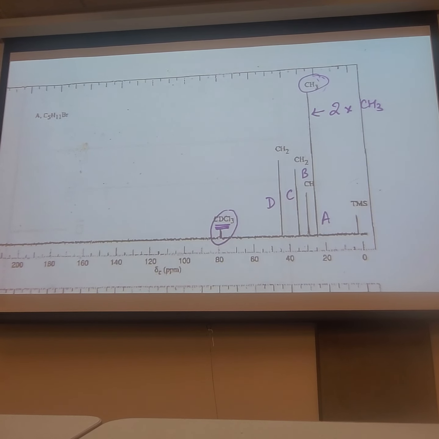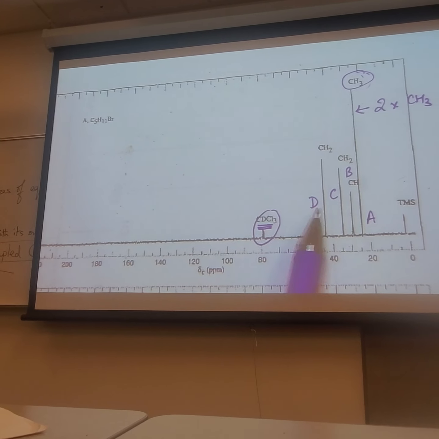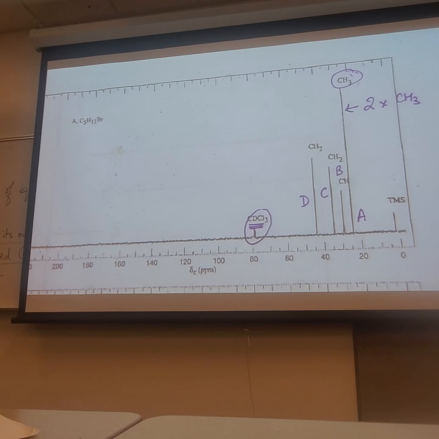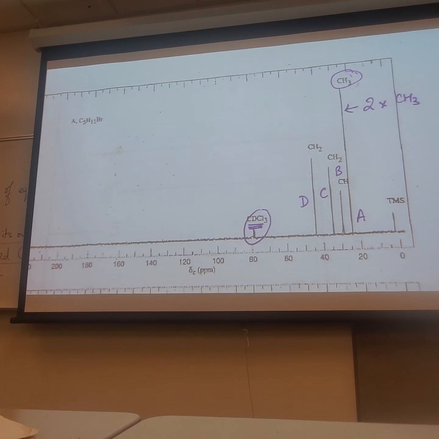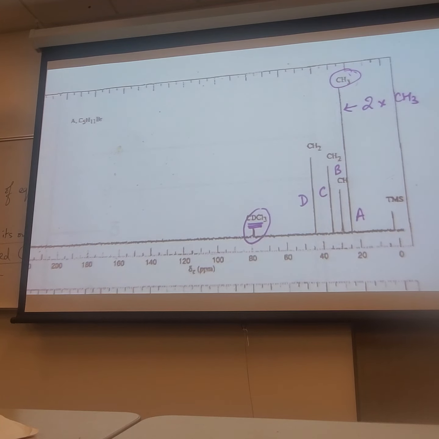Does anybody have a suggestion? What can this be? I was going to say an isopropyl, and then an ethane on the end with a bromine. I like that. Do these compounds have names? We know how to name these. The full IUPAC name?